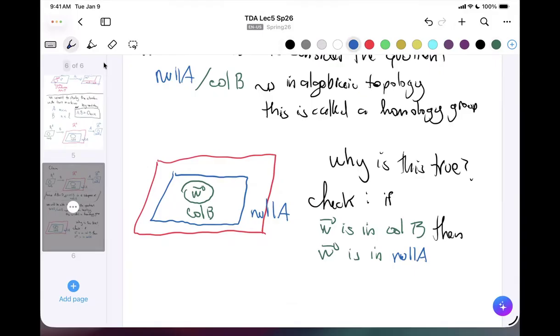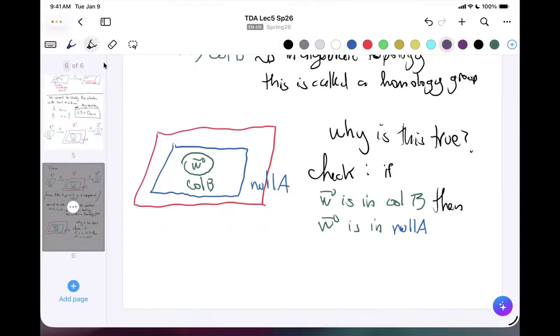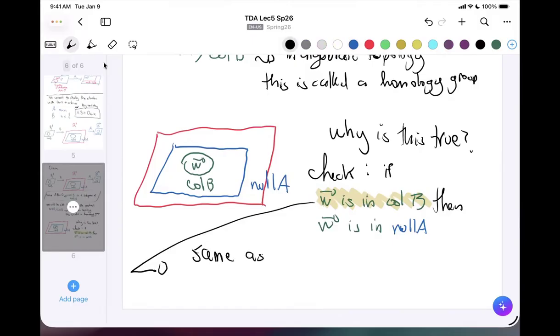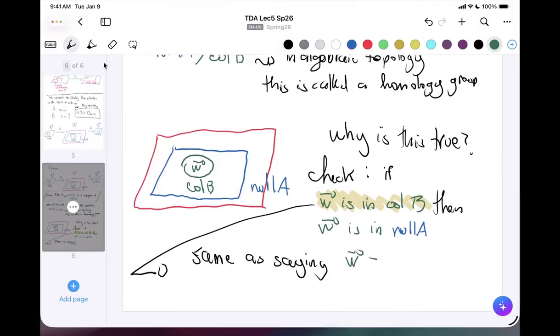So because W is in the column space, this is the same as saying that W is B times V for some vector V.